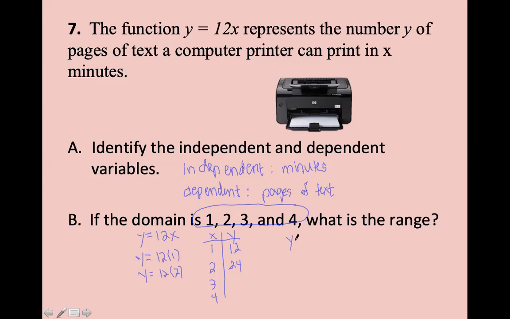My y value when x is 3 would be 12 times 3, or 36. And my y value when x is 4 would be 12 times 4, or 48. Okay, so again, domain 1, 2, 3, 4. The range is 12, 24, 36, and 48. So this is your range.